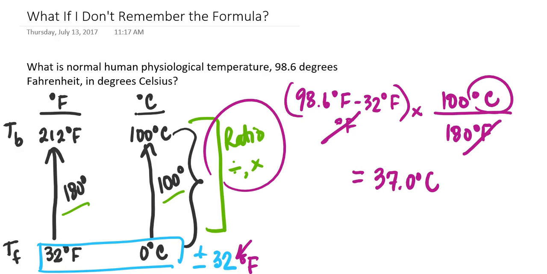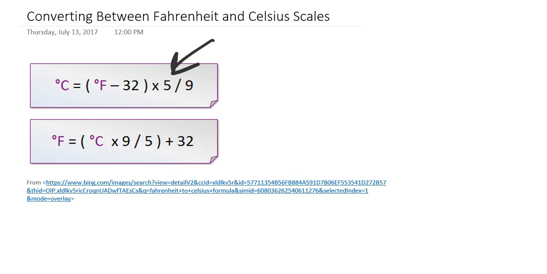Now, I want to call your attention to the fact that if I reduce this ratio down, both numerator and denominator have a common factor of 20, which means that I can reduce this ratio to 5/9. If I go back to the formula, you'll see that if I want to convert from degrees Fahrenheit to degrees Celsius, then I need to subtract 32 first.